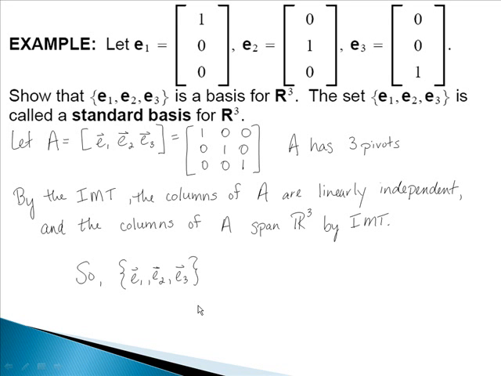So, using the invertible matrix theorem, we were able to show that these three vectors are linearly independent and they span R3. So then, using our definition that we just looked at previously, we can see that the set containing these three vectors is a basis for R3.